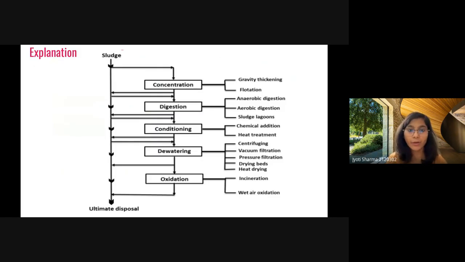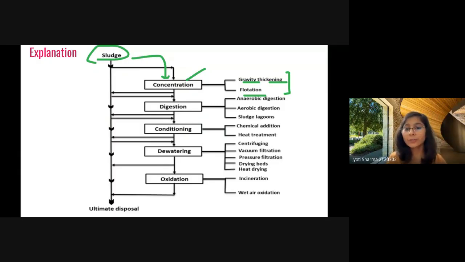Let's say the first process is concentration. For concentration, we have different methods, and the most popular methods are gravity thickening and flotation. We will talk about this. We have MCQs on gravity thickening and flotation.